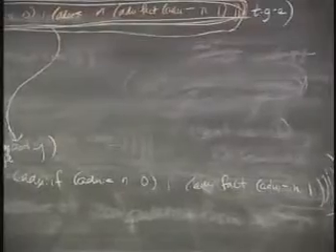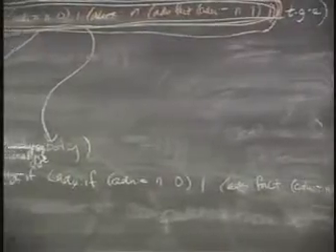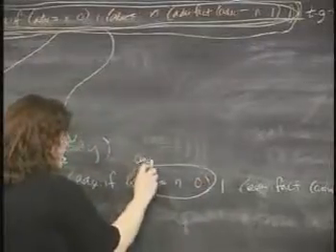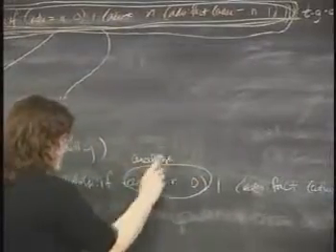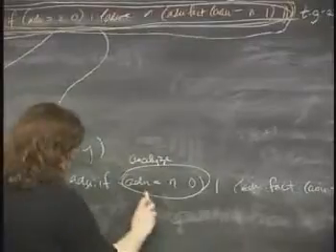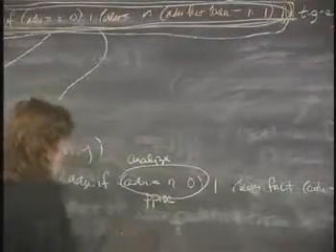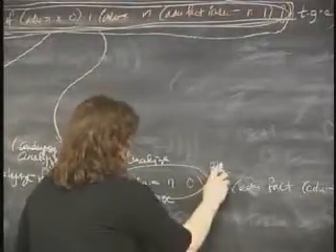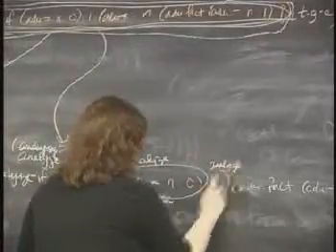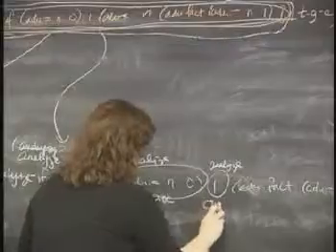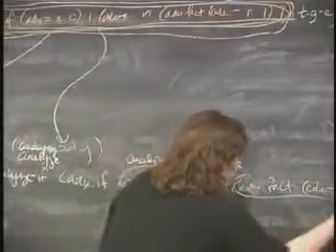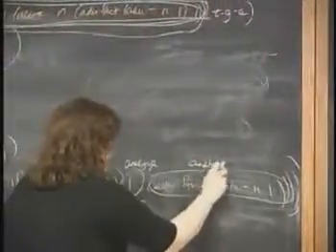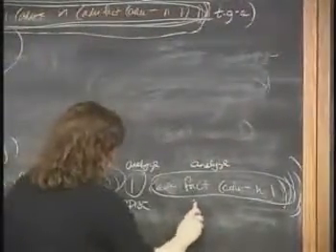Okay, so when we come into if, there's three things that we need to do. We're going to analyze this, and that's going to be the predicate proc. This here will be analyzed, and it's going to be the consequent proc. And this here will be analyzed, and it's going to be the alternative proc.